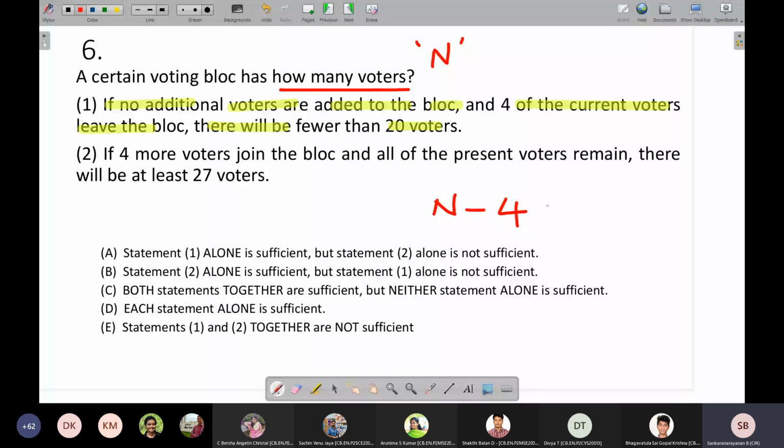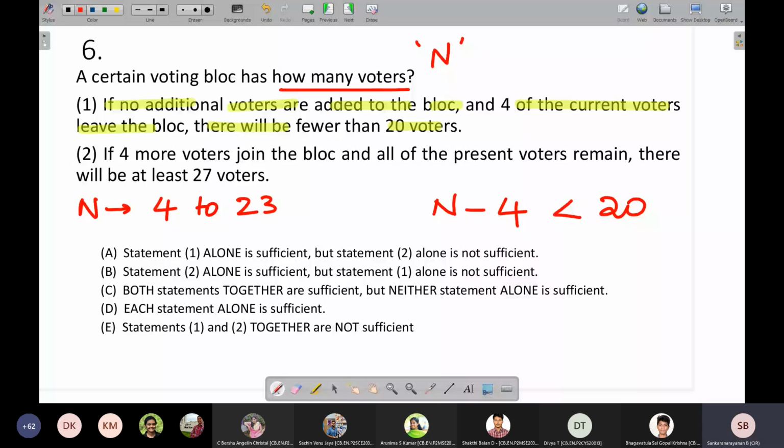Mathematically, n minus 4 is less than 20. Since you are dealing with voters, that is human beings in this case, you can see that n can take numbers from 4 to 23 in this case. Any value from 4 to 23 you consider, it will satisfy n minus 4 less than 20.